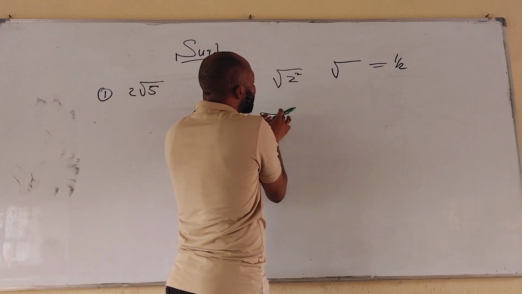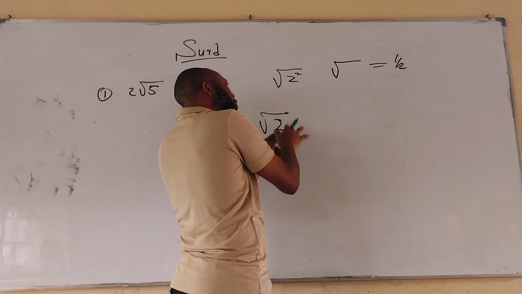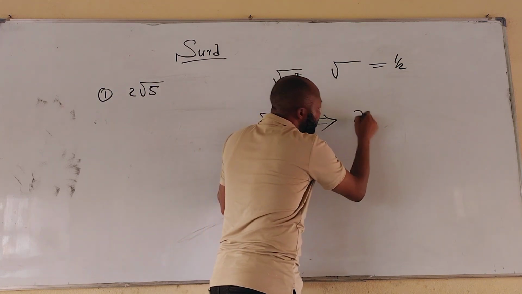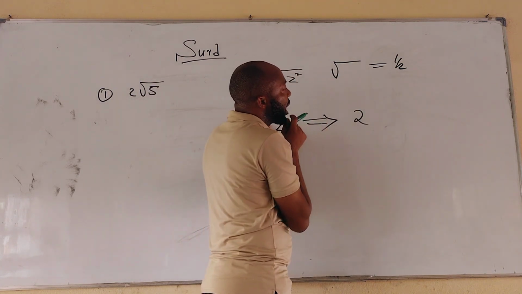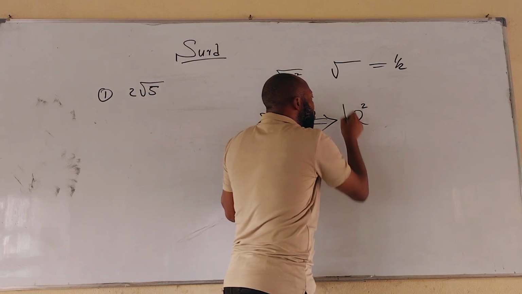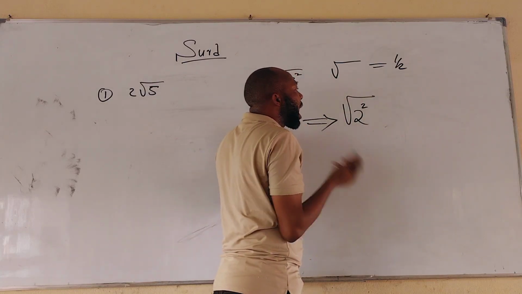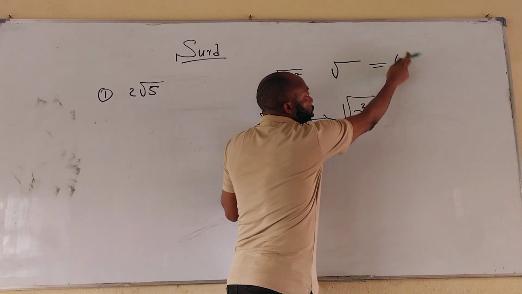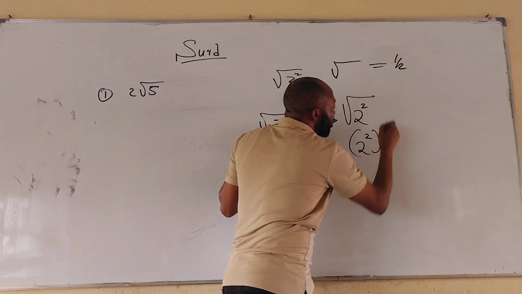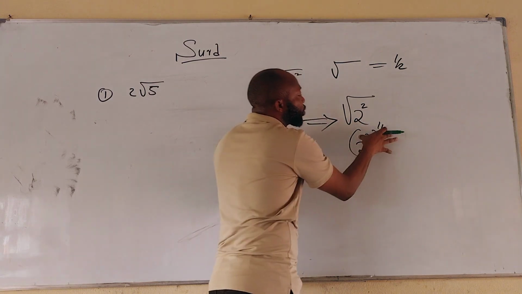So I have my 2, which is given to me. And I know that when I square it, it is 4, and when I root it, it becomes the same thing. How? Because this root is the same thing as the power 1 over 2. It means 2 squared, raised to the power 1 over 2. This is what this now means.